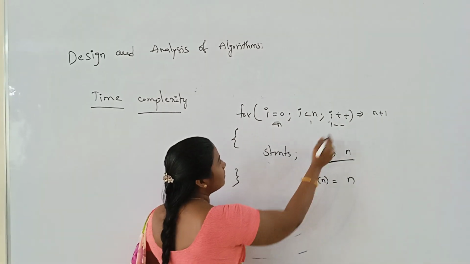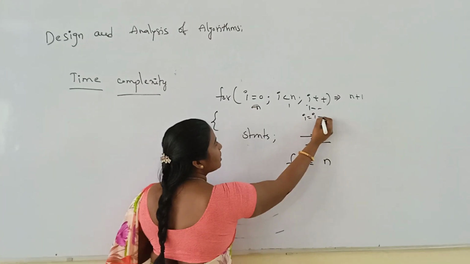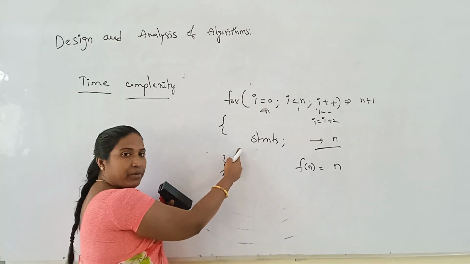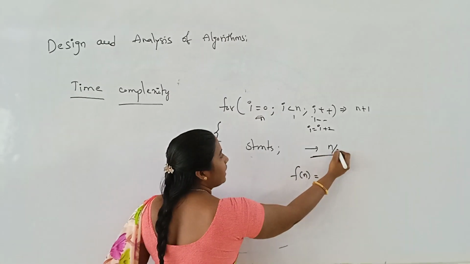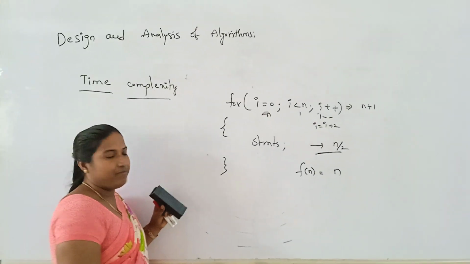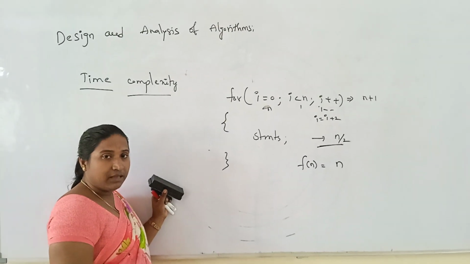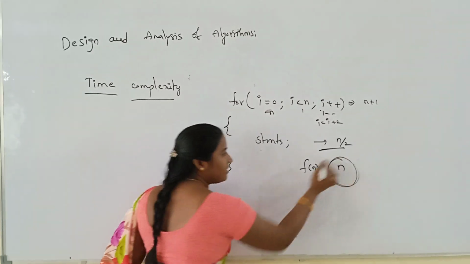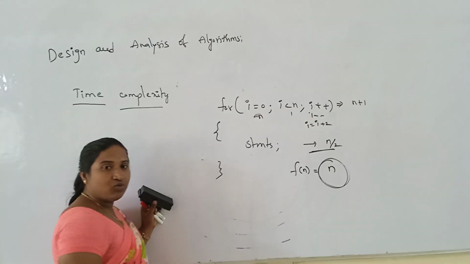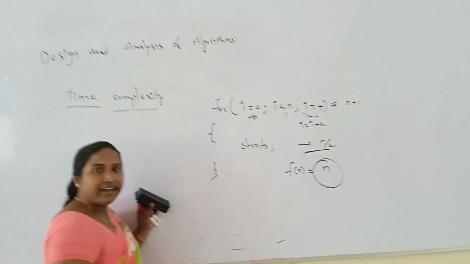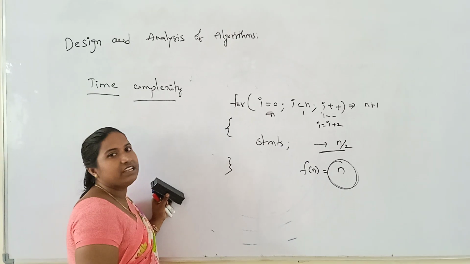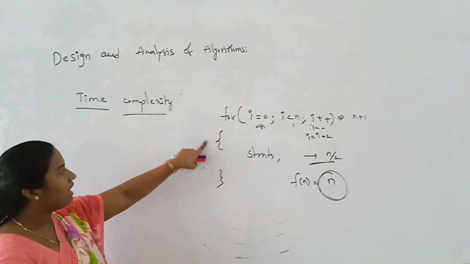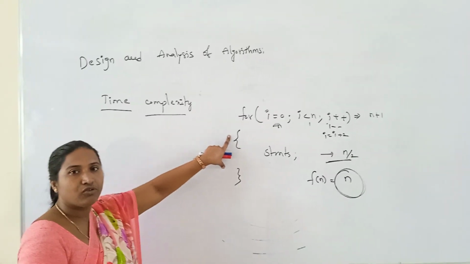If I write the condition i equal to i plus 2, then this statement will run for n by 2 times. Now, what is the polynomial degree of n by 2? Again n. So though it is n by 2, it will take order n. So what is the time complexity? n itself. This is how the time complexity will be analyzed for this block of code.